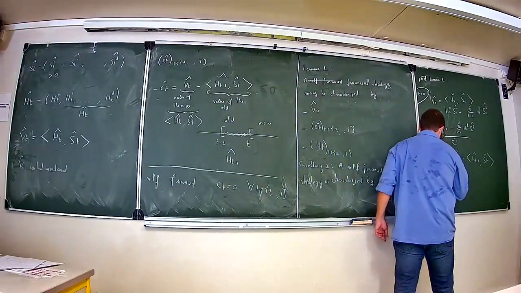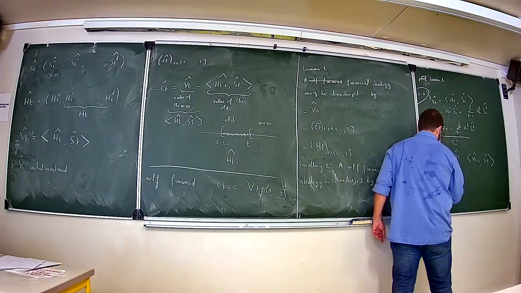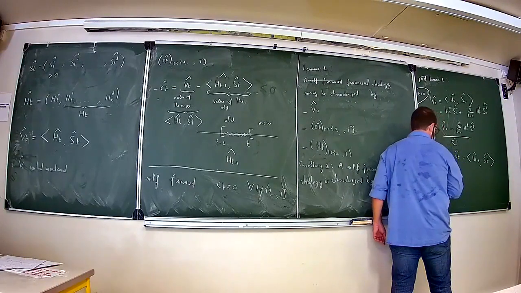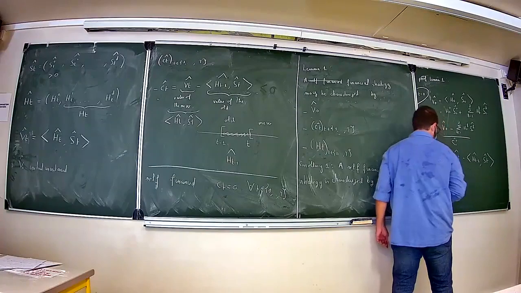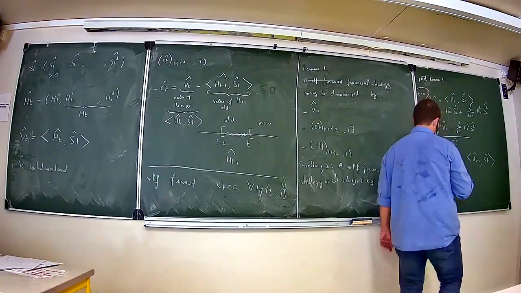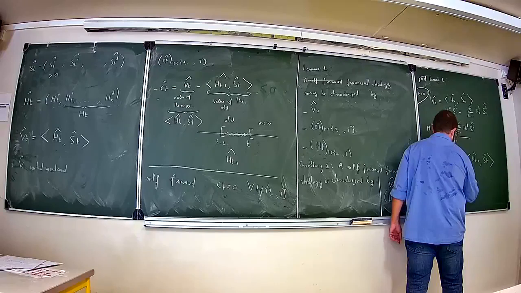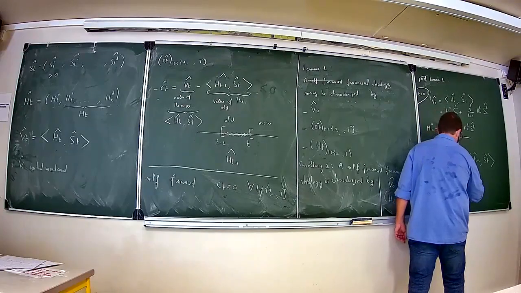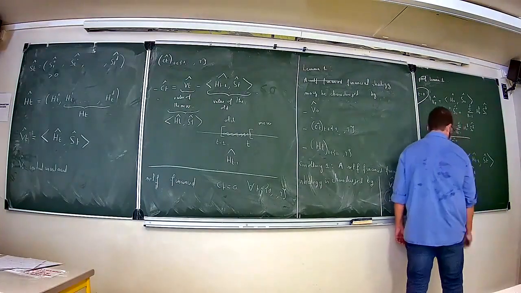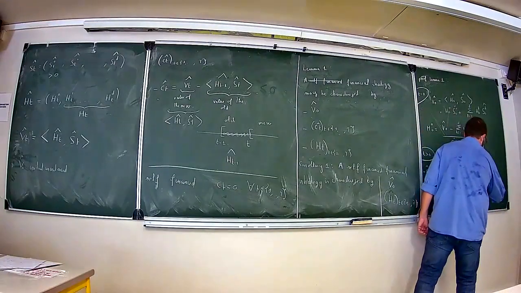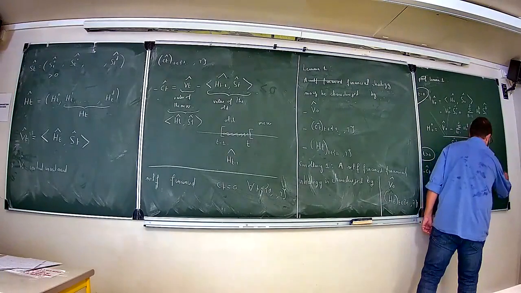I have H_t^0 S_t^0 at, plus the sum from k equal to 1 to d of H_t^k S_t^k at, and minus H_{t-1} S_t at.